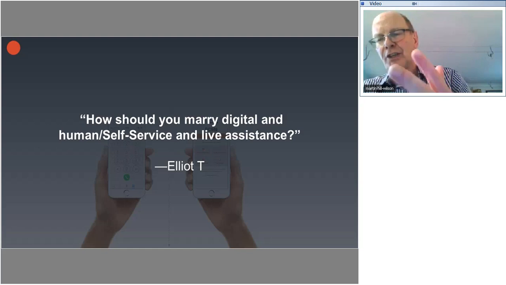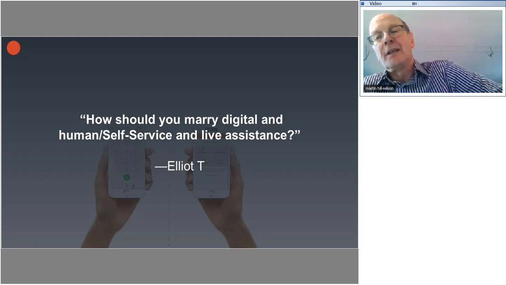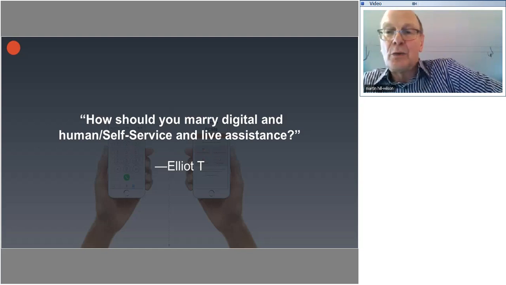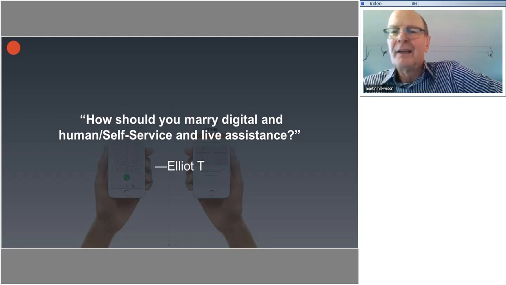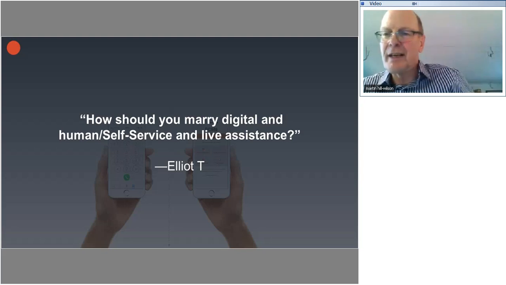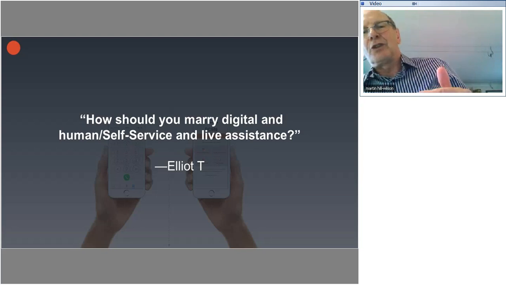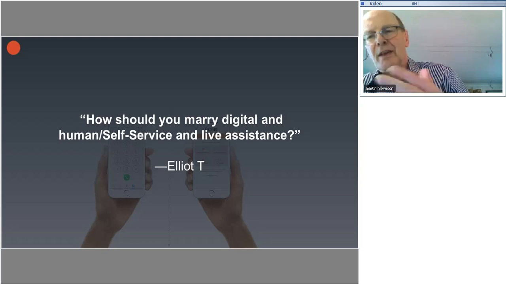And there are certain situations where it needs to be live, and there will also be certain situations where, by the way, outside of any planning, that person just wants to speak to another person. And so again, for any self-service context, we need to create easy escalation paths back to live. But that essentially is how, in design terms, you think about marrying up those two worlds. Those are the use cases for it.